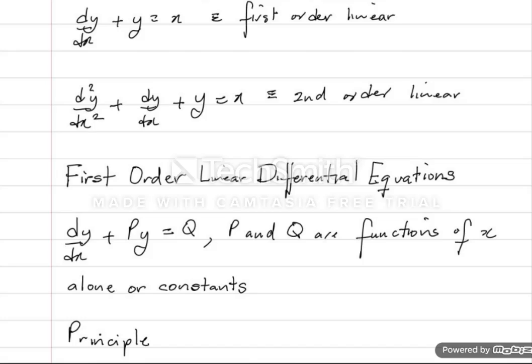First order because the highest derivative is 1, and the degree is 1, because dy by dx is raised to the power of 1. So it's first order linear. d2y by dx squared plus dy by dx plus y is equal to x is second order linear. Still linear because d2y by dx squared is still raised only to a power of 1.